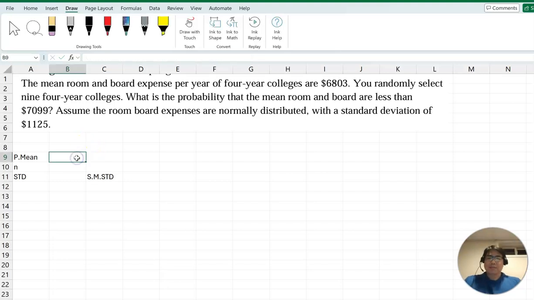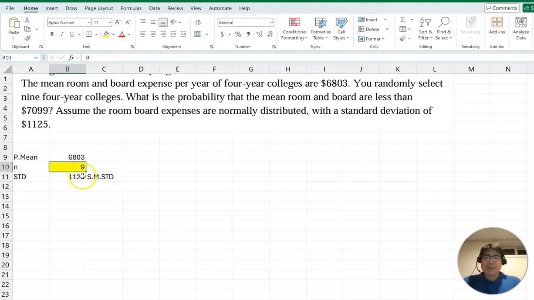So we can make the population mean equal to $6,803. It shows 9 samples, a random sample here, and the given standard deviation is 1125. Because we have a sample size, it becomes a sampling mean distribution. We are not just selecting any probability from the total population.